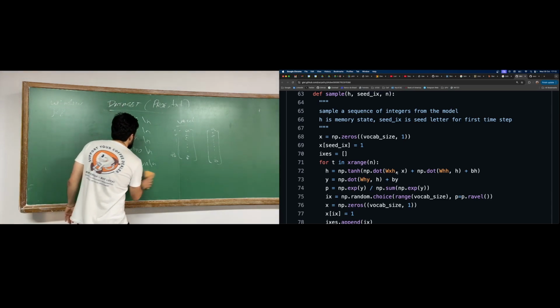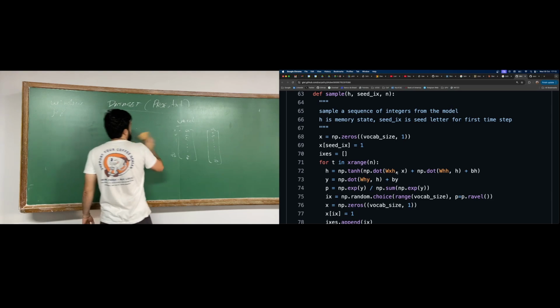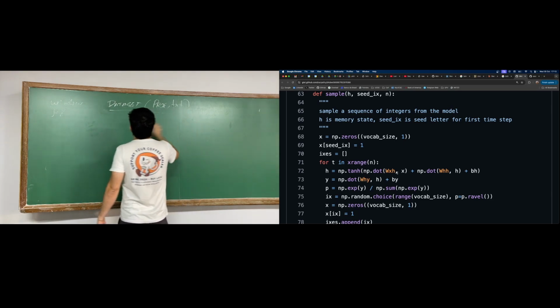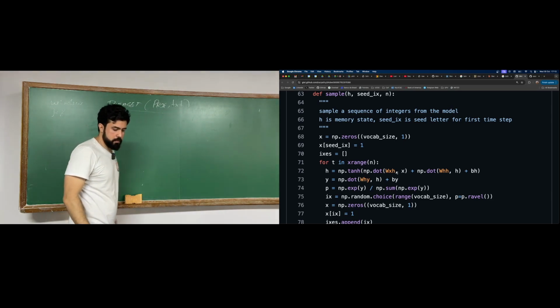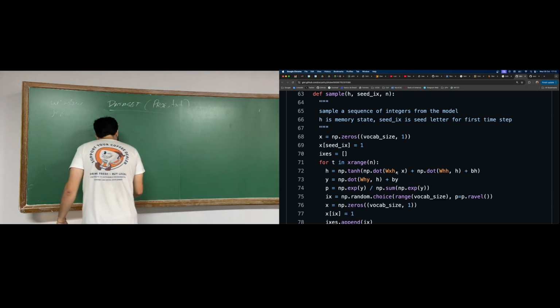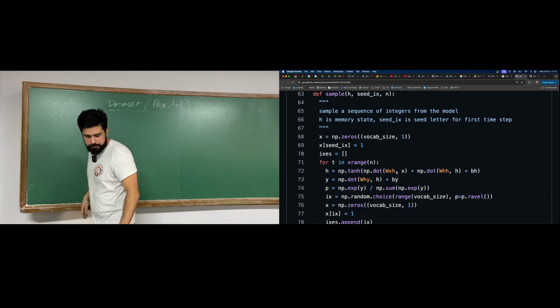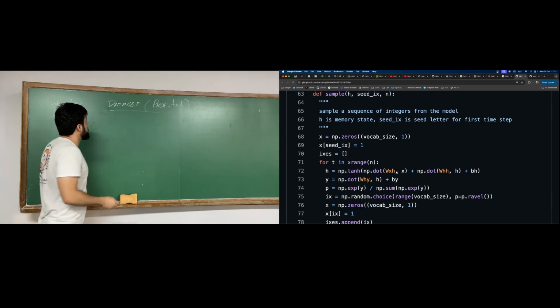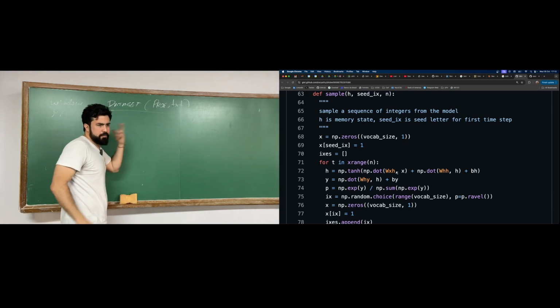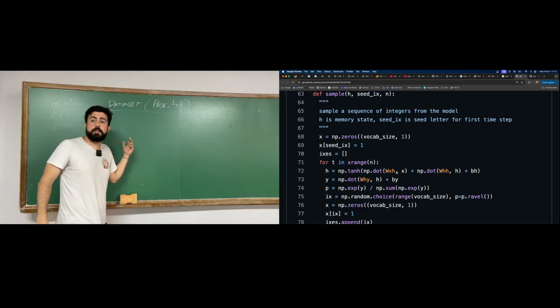So once you train a language model, you could sample from it to generate new data. So assume we have learned this probability of names.